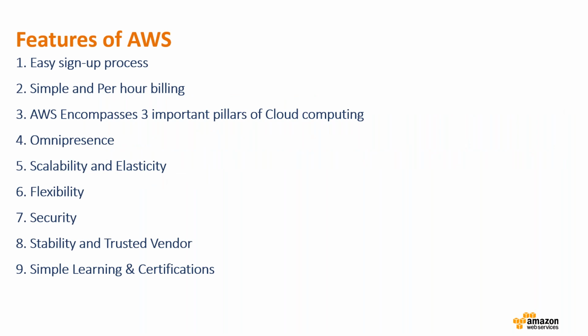Now, features of AWS. The first feature of AWS is the easy sign-up process. For example, if you want to host an application, what do you normally do? Normally, we have to construct data centers, procure the servers, rack it, mount it, host the application inside the server, and publish it to the internet.